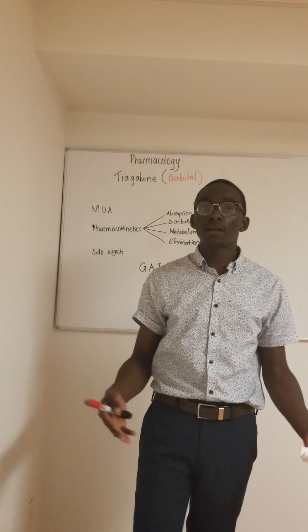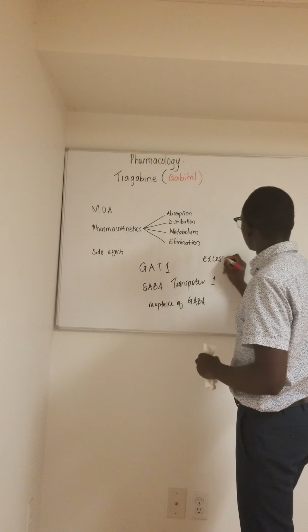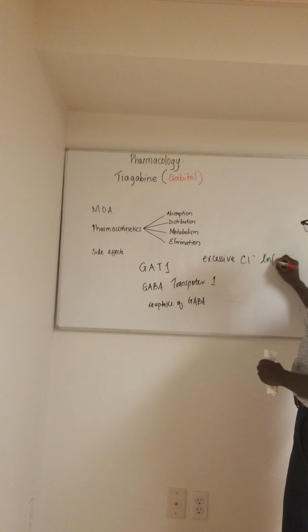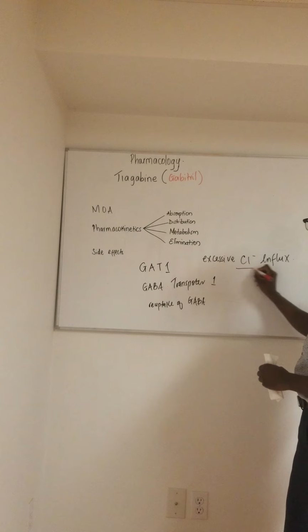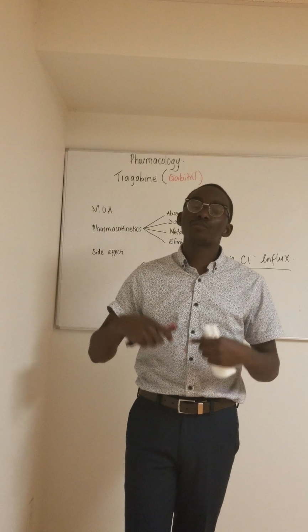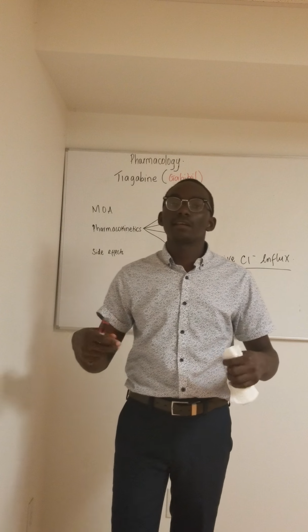When GABA binds on its receptor, it causes excessive chloride ion influx. When too much chloride ions enter the neural cell, it's going to cause hyperpolarization.